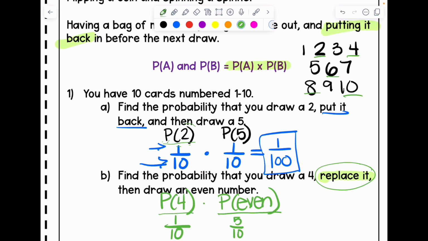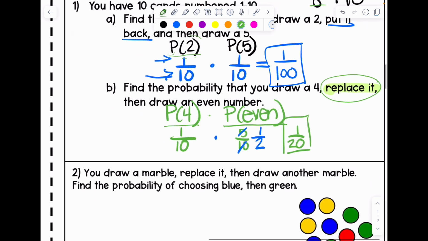I also know that that's going to simplify to 1/2, so I'm going to go ahead and simplify that. And so again, to figure out the probability of those two events happening together, we're going to multiply them. I've simplified the 5 tenths to 1/2. So 1 times 1 is 1, 10 times 2 is 20. So I have a 1 out of 20 chance of those events happening together.